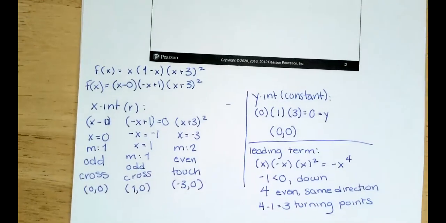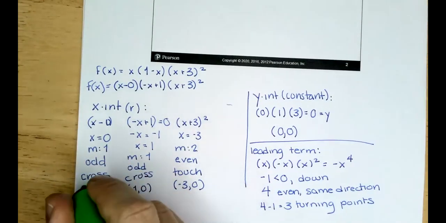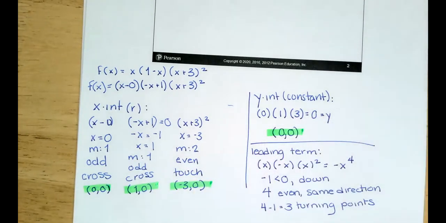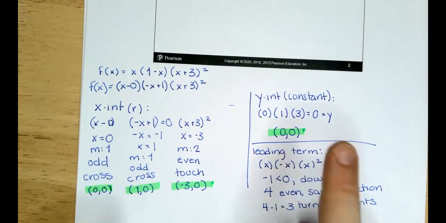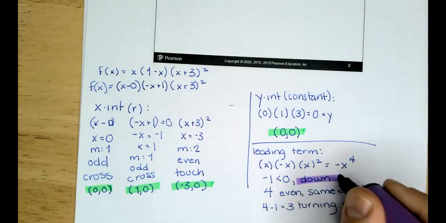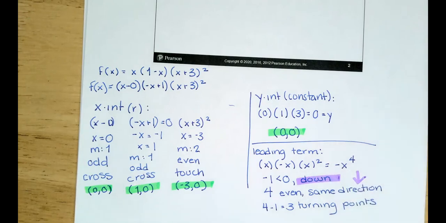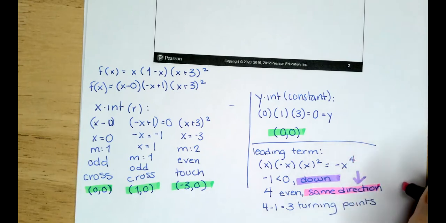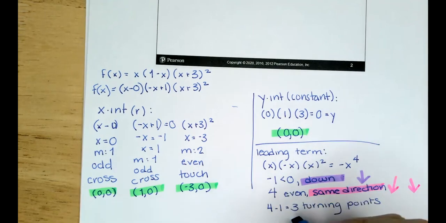Okay, so now we know it's going to cross at 0, 0, cross at 1, 0, touch at -3, 0. The leading term is negative x to the 4th, so it's going to open down. Both sides are going in the same direction because this 4 is even. So if that one's going down, this one's going down. And then it has 3 turning points.